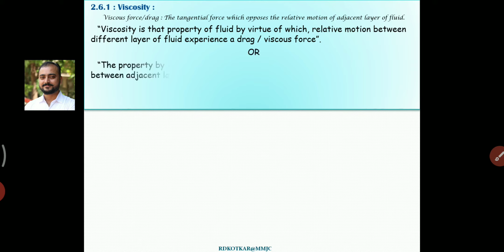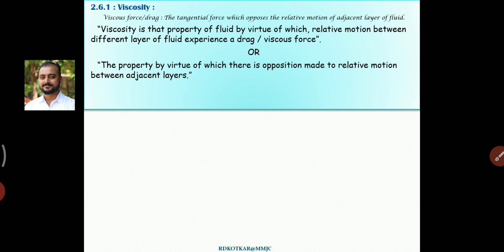Or you may have a different definition: the property by virtue of which opposition is made to relative motion between the adjacent layers. Okay, you can understand what the main thing is. There is opposition to the motion of the flow of the liquid.